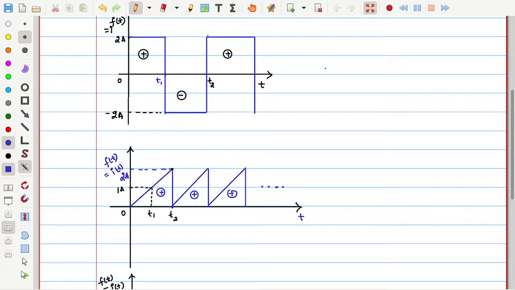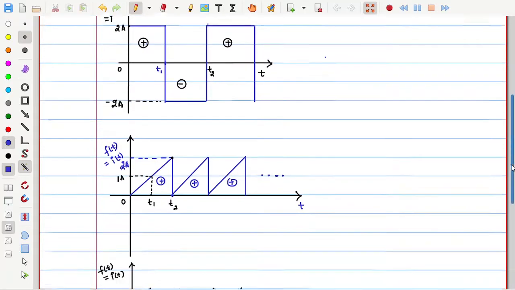As long as it is positive it is 2 amperes, with only the polarity changing. Because this is 2 amperes constant, you cannot call this a DC, because the polarity has changed. Something has changed, and that may be polarity or amplitude or both together.